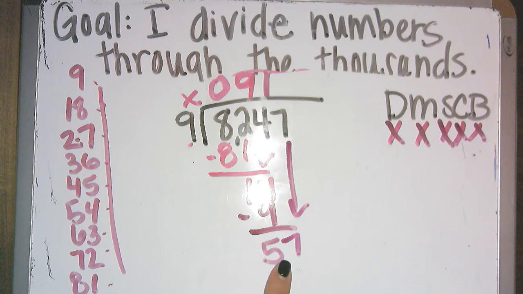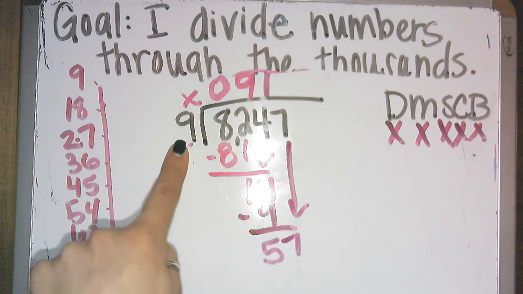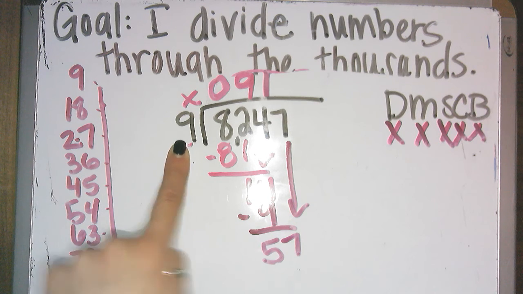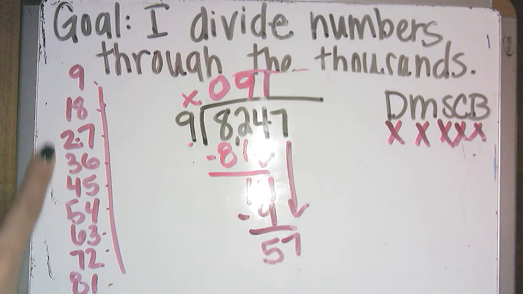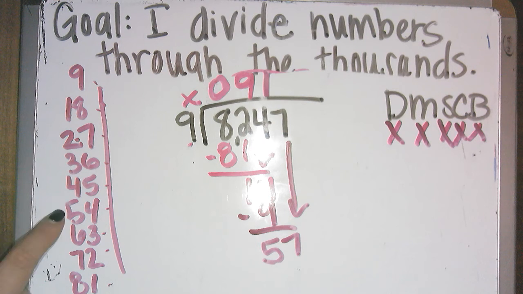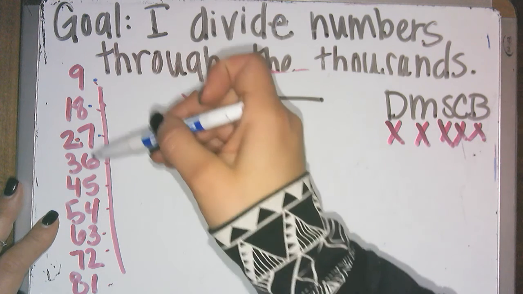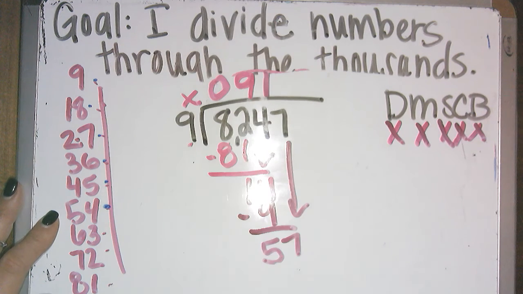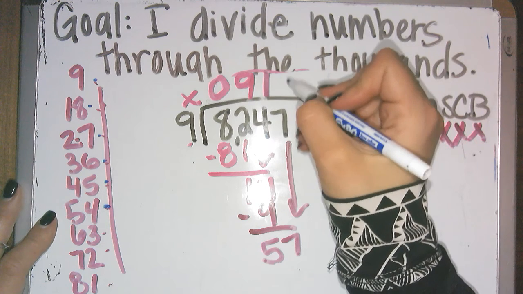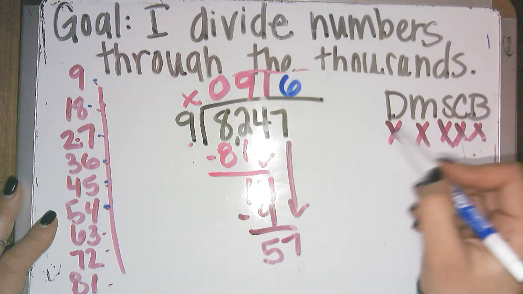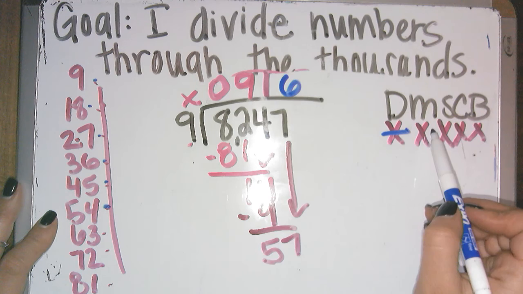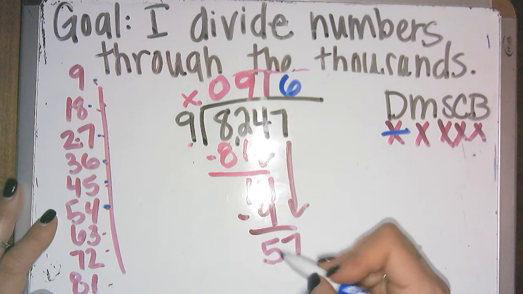Okay, I have 57 divided by 9. So I need to look over here and find my number closest to 57 without going over. And I know 57 is between 54 and 63, so I have to pick the lower number, which is right there. So that is 1, 2, 3, 4, 5, 6 times. So I can make 6 groups out of that. So I divided, now I need to multiply. 6 times 9 is 54.